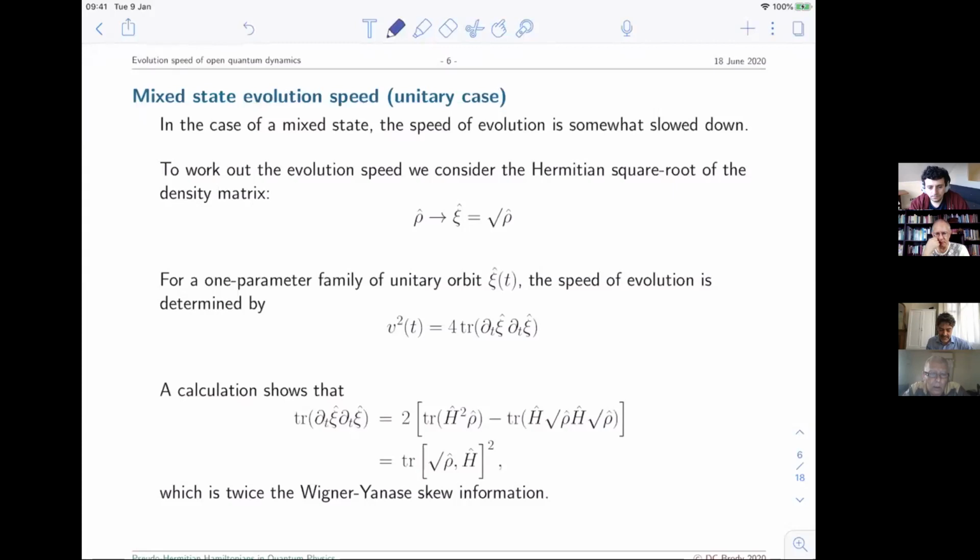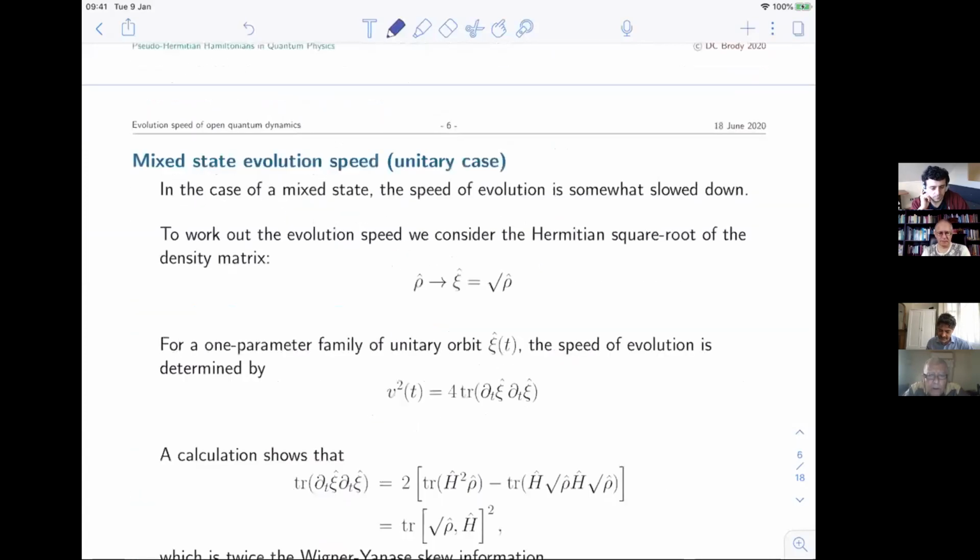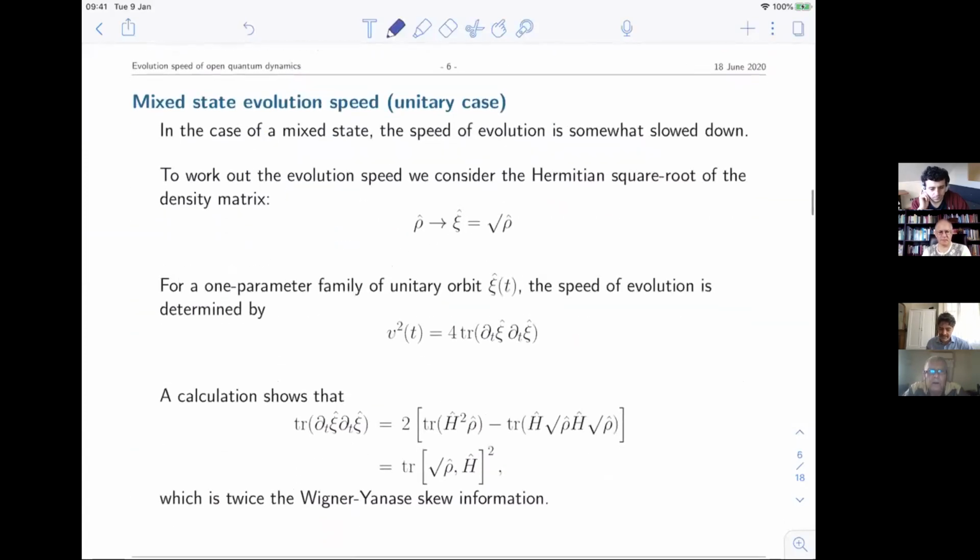Backtracking slightly, when we talk about speed, of course, the speed depends crucially on the choice of the distance, okay? So depending on which space one is working with, the notion of speed would be different. So if we want to work in Hilbert space, as we did in the case of pure state up here, for mixed state, since the density matrix is like probability, we want to take the square root to get a Hilbert space element.